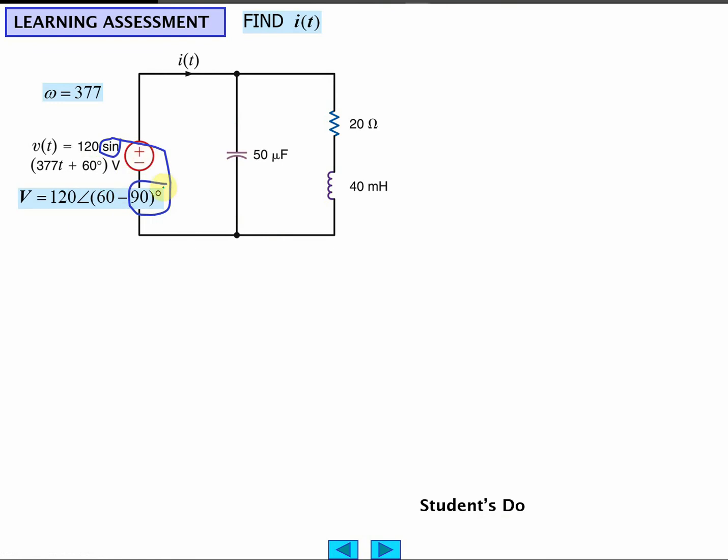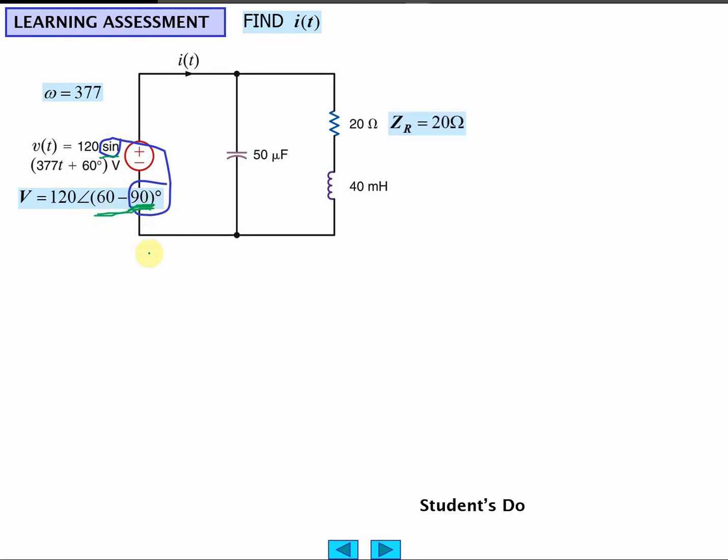This blue stuff here, the blue circles, that's the point they were trying to make, is you've got to convert from the sine to the cosine to get the proper phase angle.